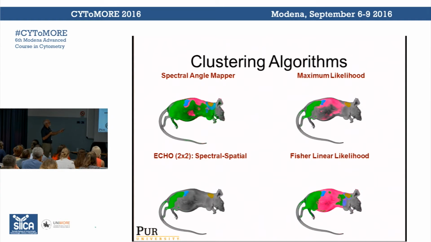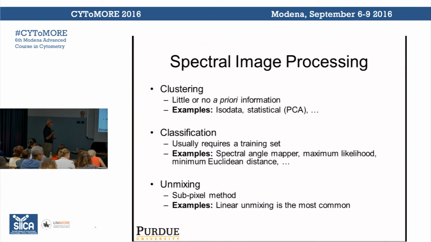And there's a lot of different processes that you can use, many of which you may not have heard of. You may never have heard of spectral angle mapper or Fisher linear likelihood method. But somebody knows about that, and somebody is using those for perhaps other purposes. And we may be able to take some of those ideas and integrate them into our own technology.